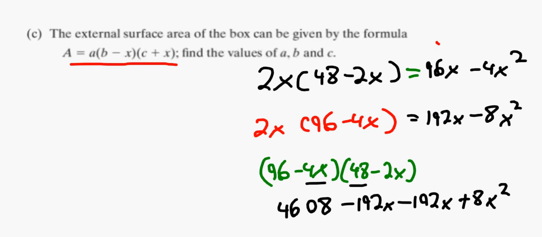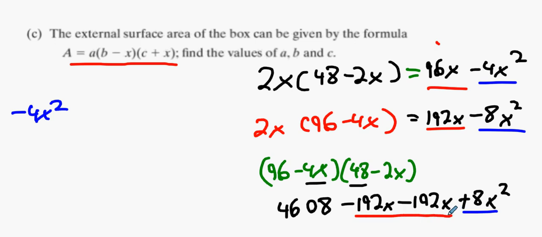How many x squareds will I have? Alright. How many x's will I have? 96 plus 192, take away 192 twice. Yeah. And finally 4,608. Alright.